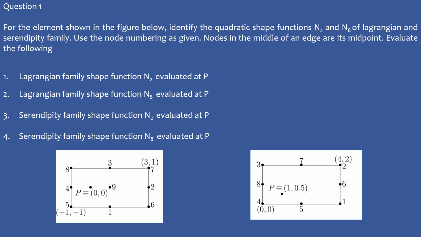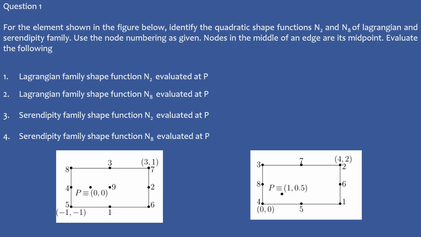For the element shown in the figure below, you need to identify the quadratic shape functions of the Lagrangian and the serendipity family. Use the node numbering as given. Nodes in the middle of an edge are at its midpoint, and accordingly we need to evaluate the following.